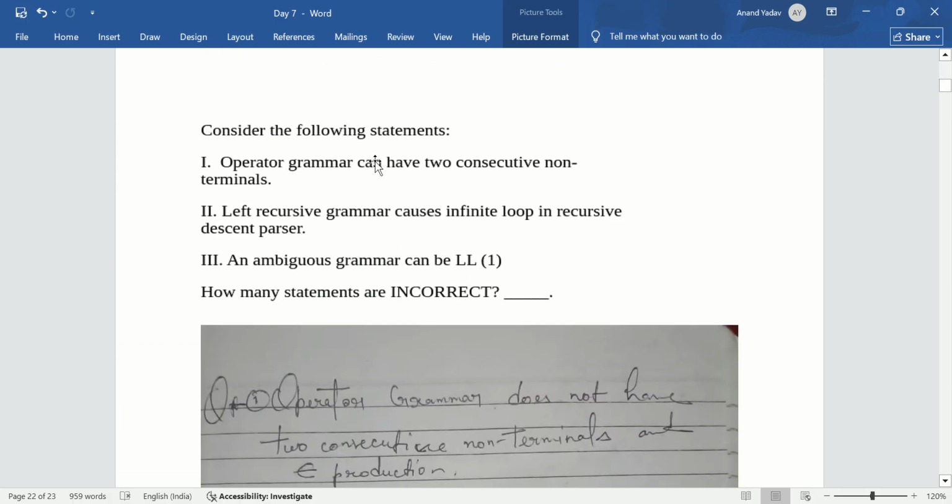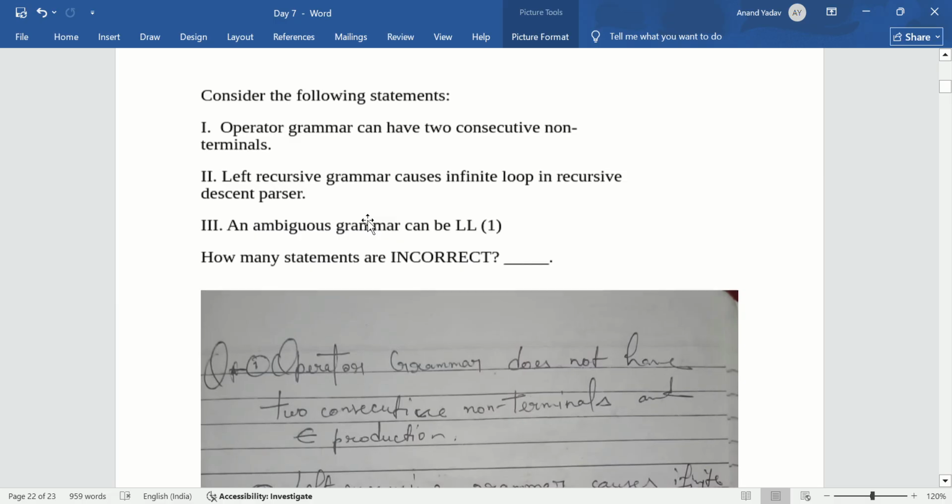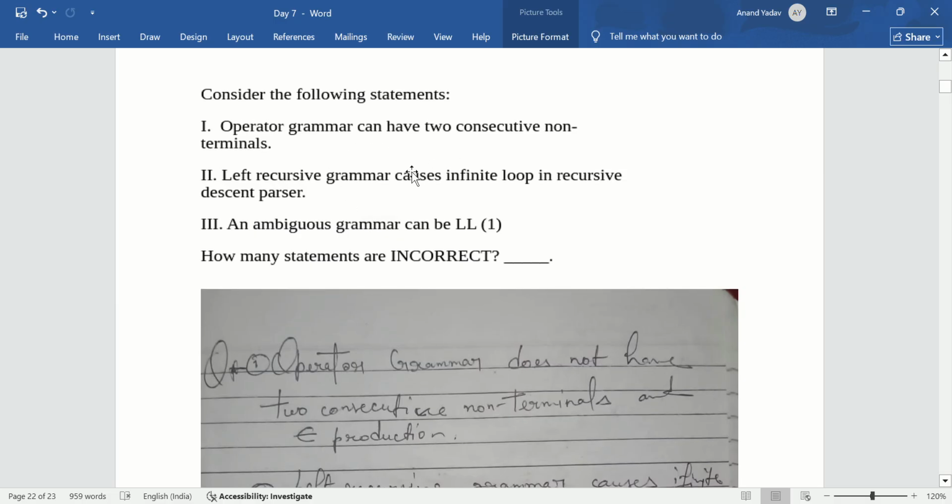consider the following statements. Operator grammar can have two consecutive non-terminals? No, operator grammar does not have two consecutive non-terminals, and it also does not have epsilon production.